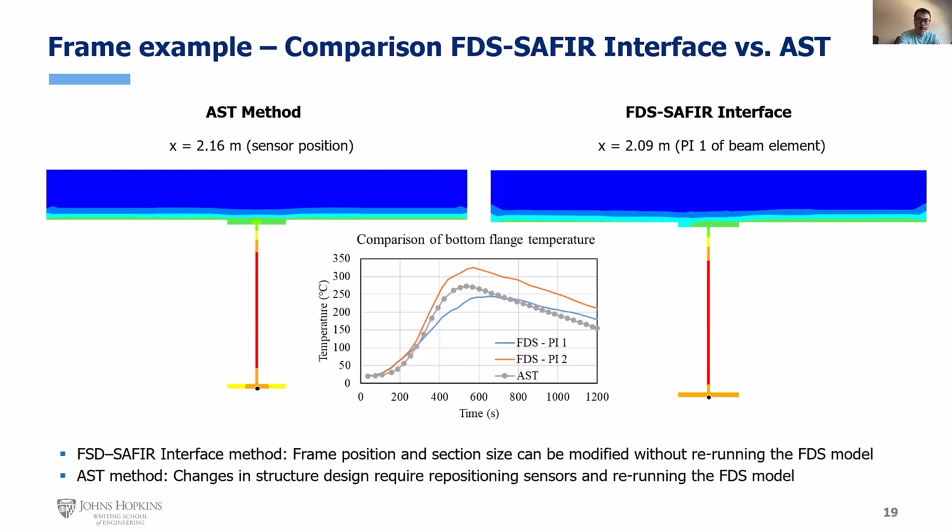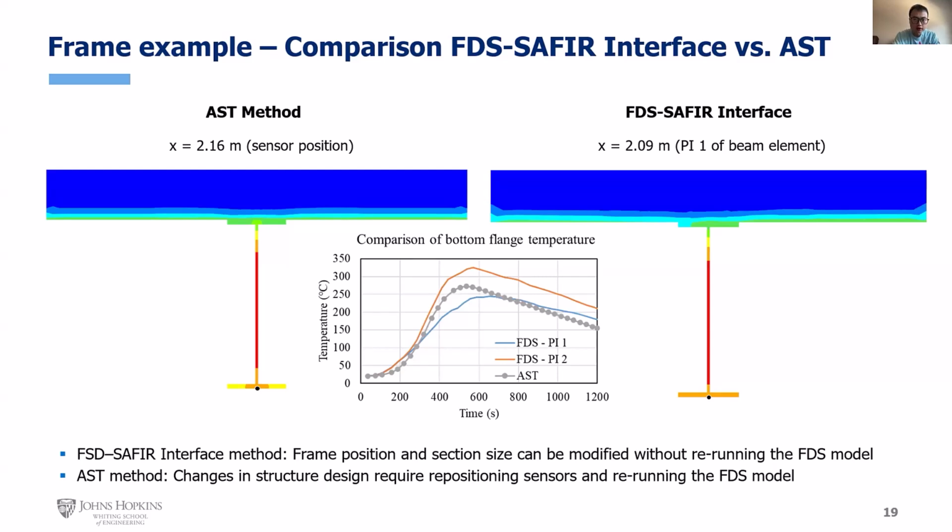First, if we compare the temperature distribution in the section, we can see there's almost no difference between these two methods. And when we go to the temperature-time curve, we can see there is a slight difference between the AST method and the interface method.